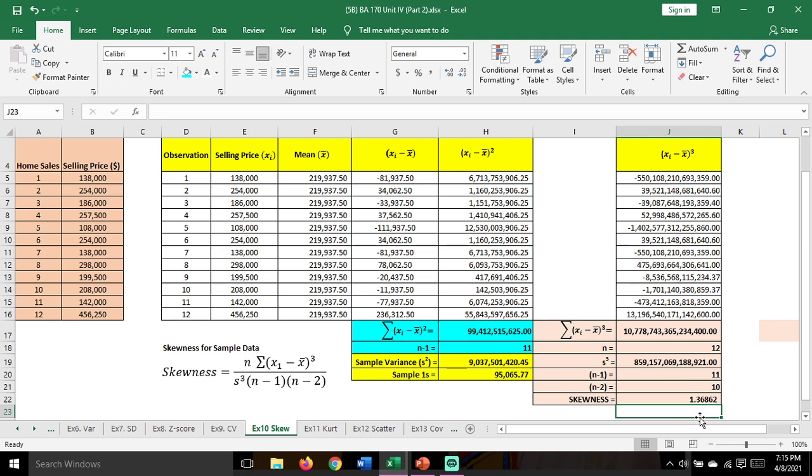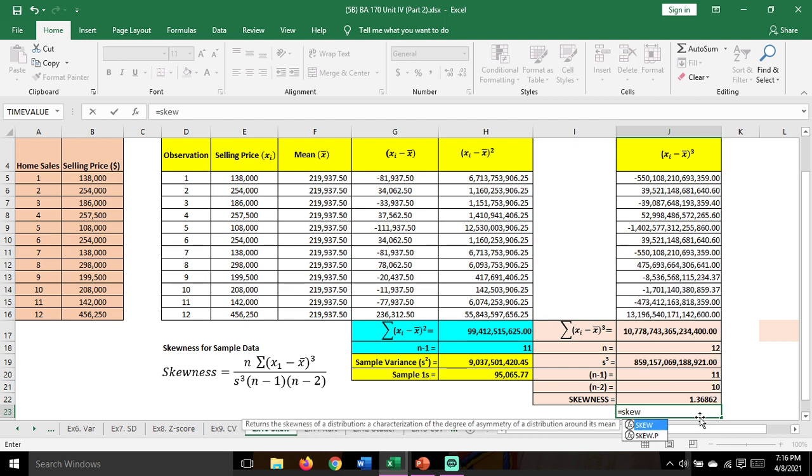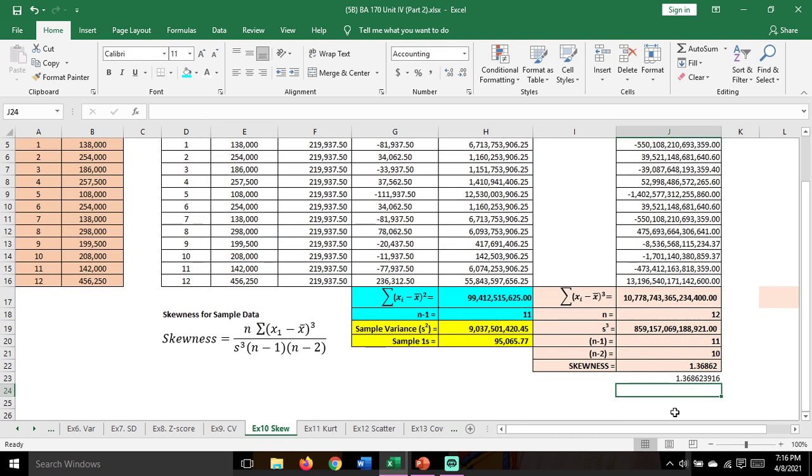So, i-check muna natin using our Excel formula. We have skew. Okay? Since we are dealing with the sample, hindi na natin kailangan lagyan ng point S. So, skew and then this one, the data range. So, we have 1.36.